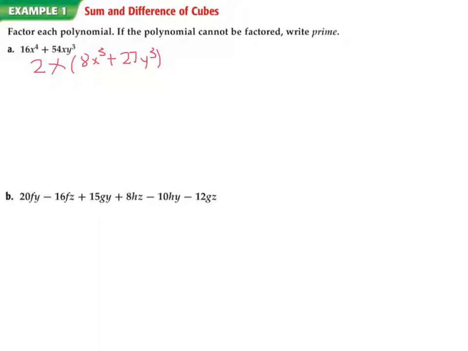So we can go ahead and say 8x cubed plus 27y cubed is equal to (2x) cubed plus (3y) cubed.